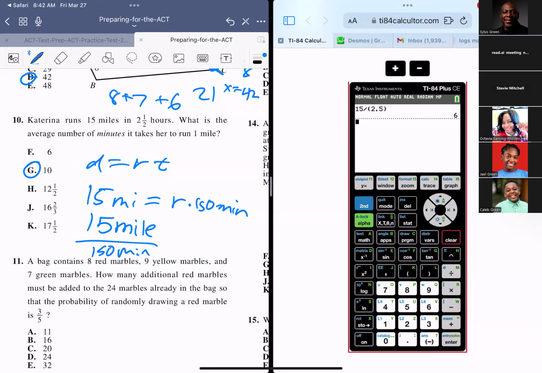So if you simplify that, that's 1 mile over 10 minutes. So I got confused because I put 1 over 10, but if you just flip it, it's 10 minutes per mile.